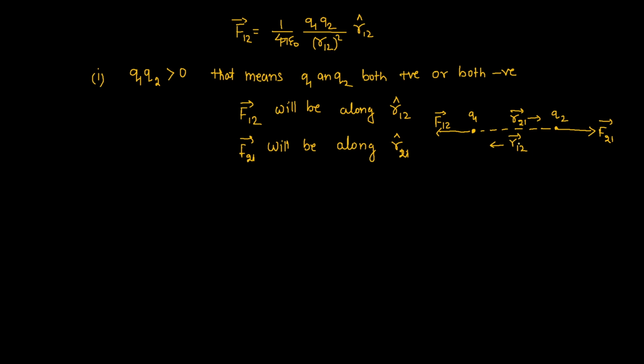Now if F12 is along R12, that means towards west, and F21 will be along R21, that is towards eastward, then the force is repulsive in nature.